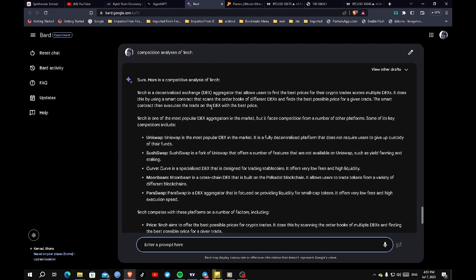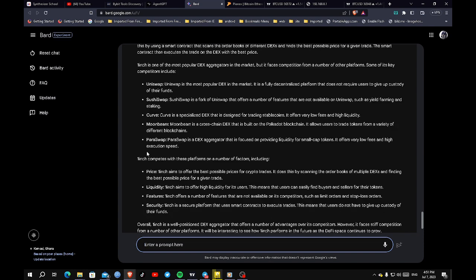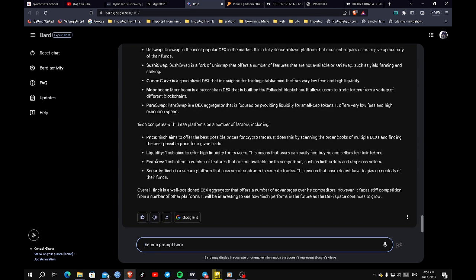Some of 1inch's competition is Uniswap, SushiSwap, Curve, Moonbeam, and Paraswap, and it competes with these platforms on a number of factors including price, liquidity, and features. So security as well. It goes on to say that it's a secure platform that uses smart contracts to execute trades. And overall, 1inch is a well-positioned DEX aggregator that offers a number of advantages over its competitors.